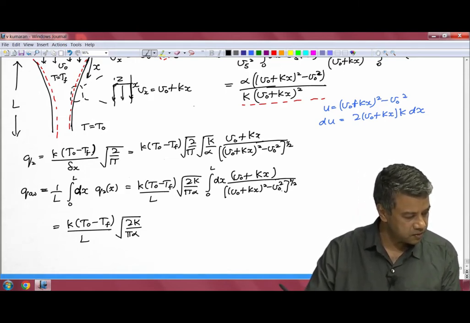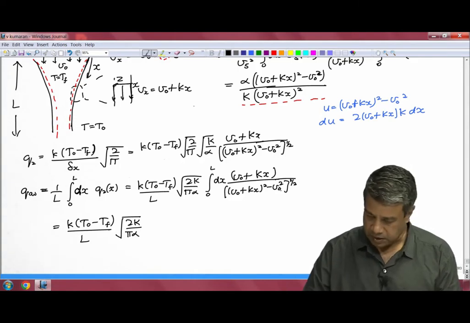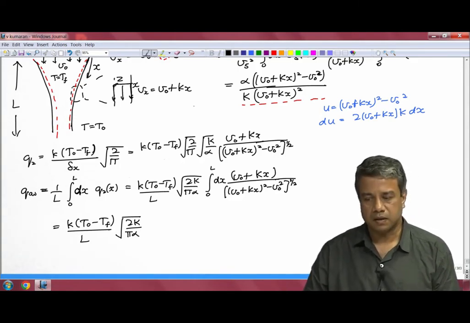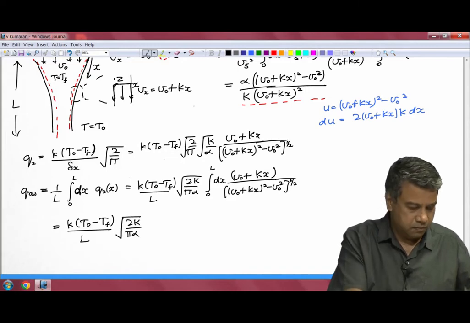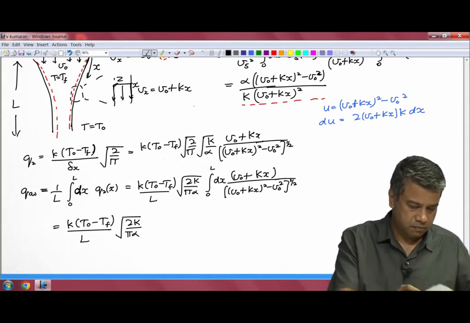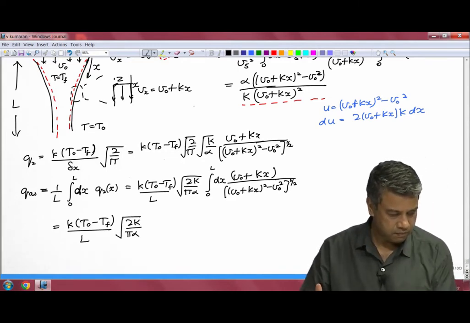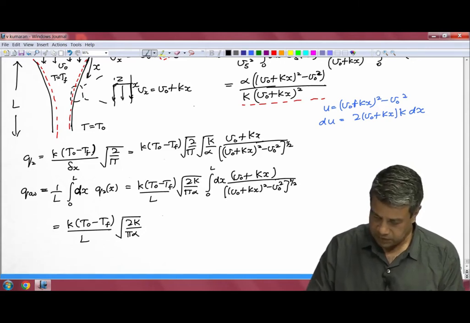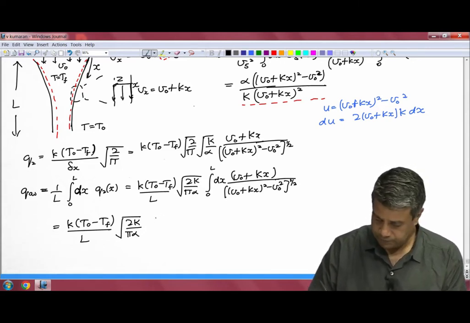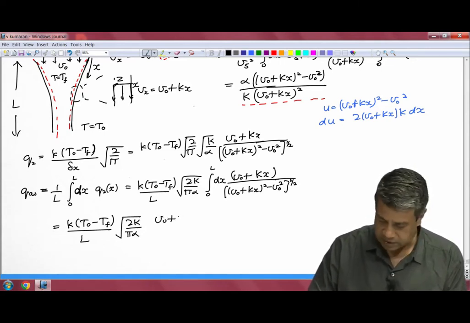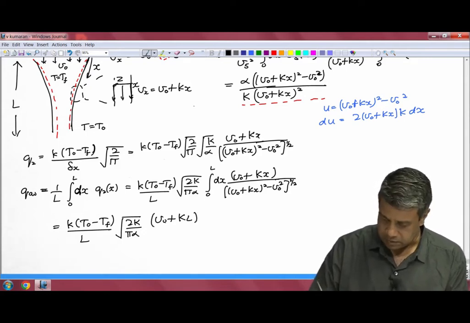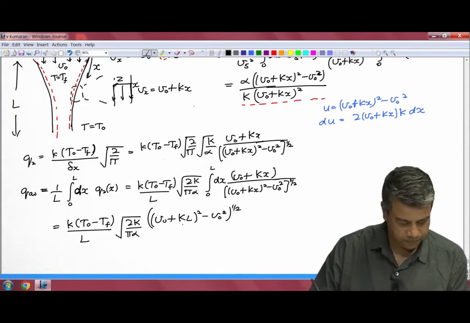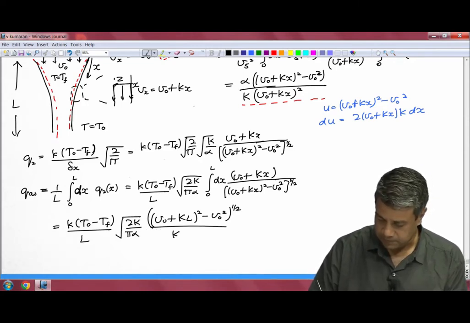And if I do this integral, I will get V naught plus kL, the whole square minus V naught square, whole power half by k.